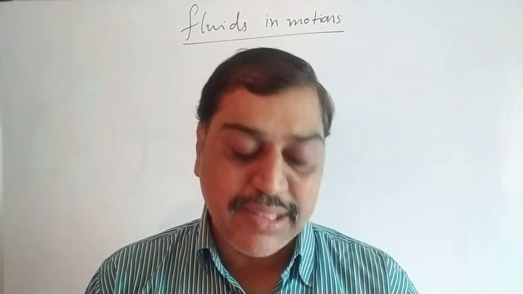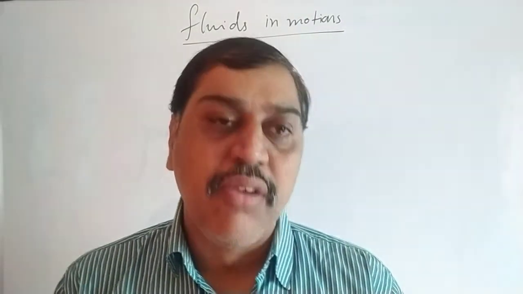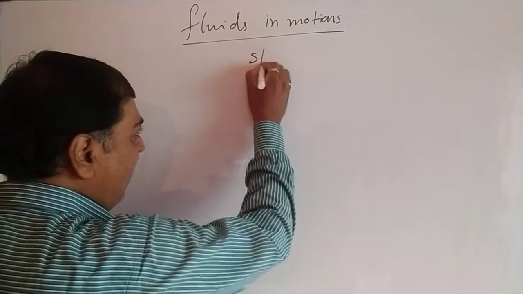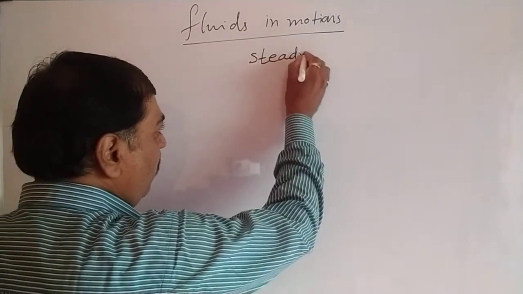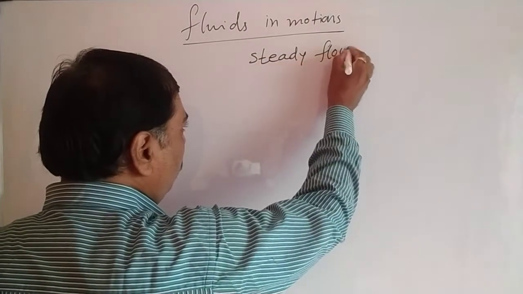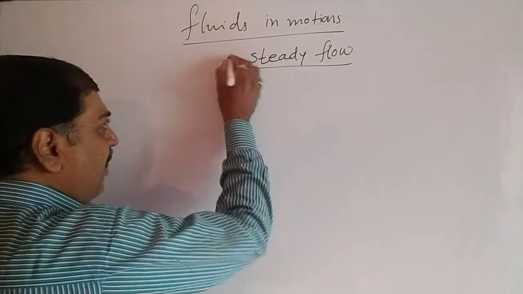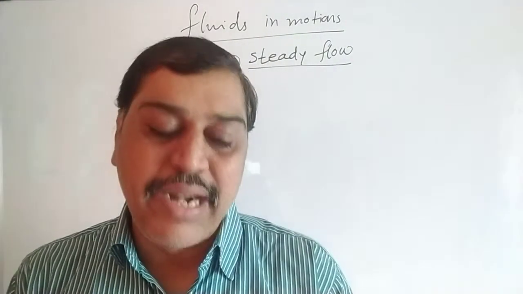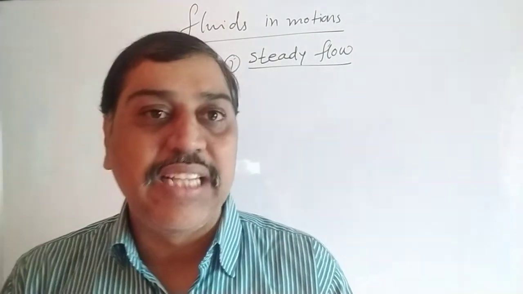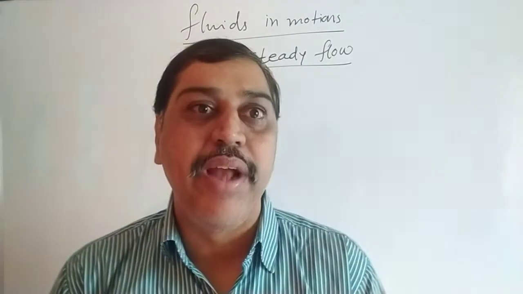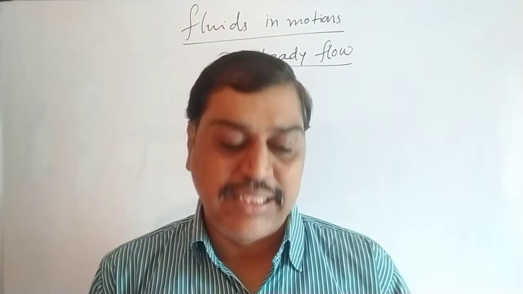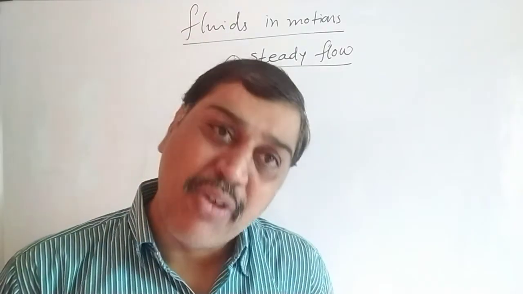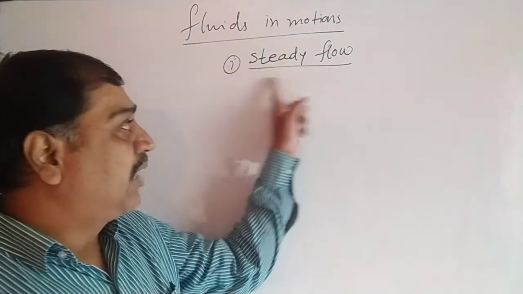So here they have given some definitions. Let's start with the first, the steady flow. Steady flow means it is constant. Some measurable properties of the fluid, such as pressure and velocity at a given point, if they are constant, then it is said to be steady flow.